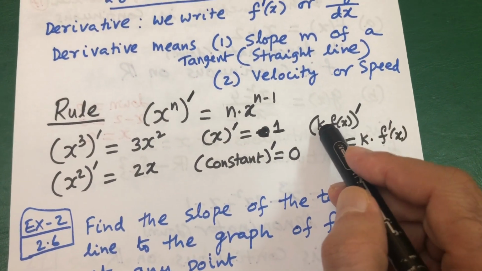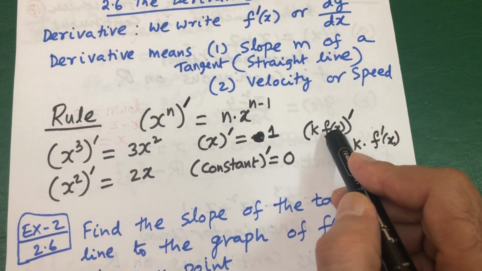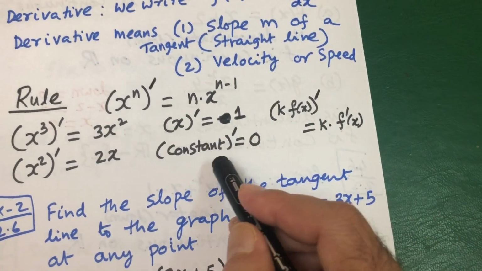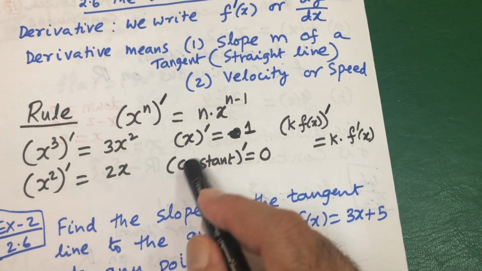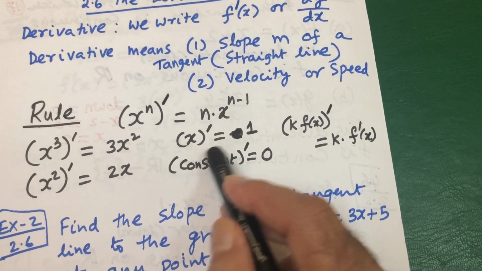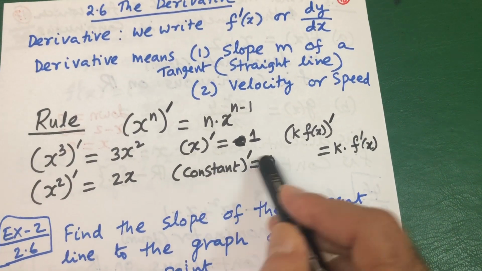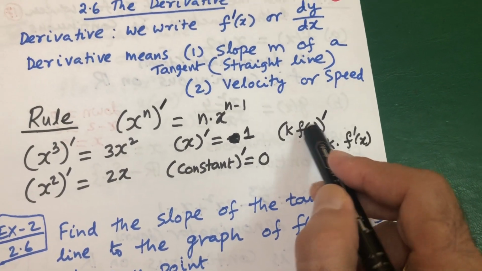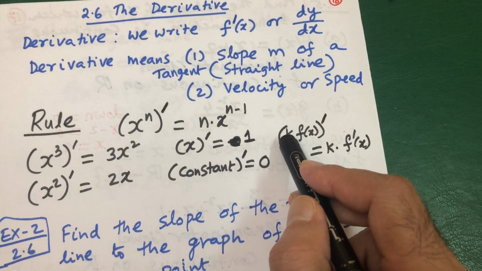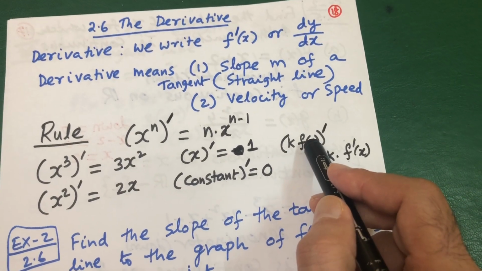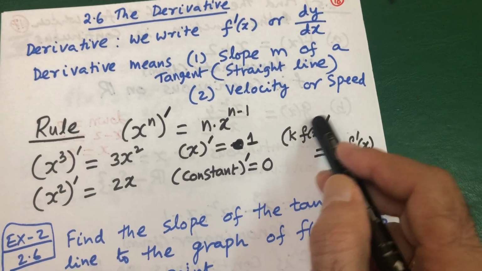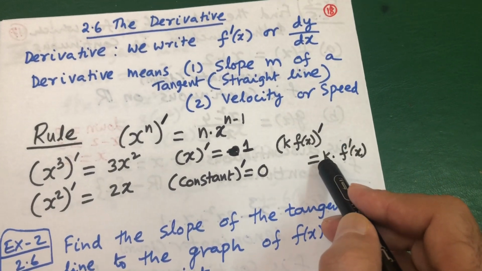The derivative of k f(x), where k is a constant and f(x) is a function, is k f dash x. See what is the difference here? If there is a constant and no x at all, the derivative is 0. If there is an x, like k sin x, k x square, k 2x, k x cube, whenever x is there, this k will not participate in the derivative and will come out.